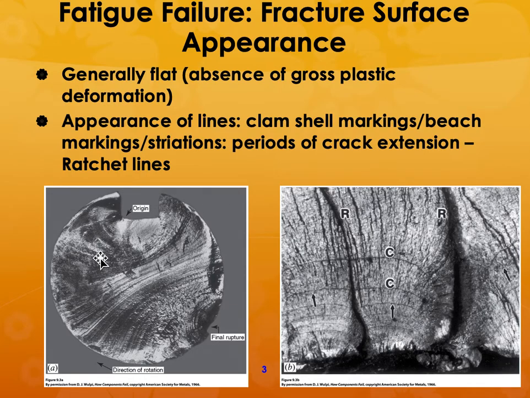Now you can also see the type of markings on the surface, and these markings have specific names. They are either called beach marks or striations or clamshell markings. Each of them is a ratchet line, and it is due to the extension of that crack at a specific stress level.